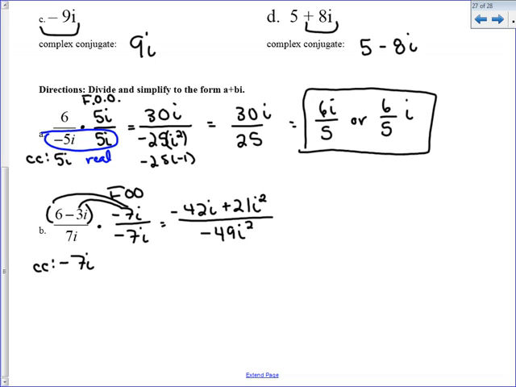Go through, find all of your i squareds, and replace them with negative 1. So this is 21 times the negative 1. This is negative 49 times negative 1. So I have negative 42i minus 21 all over positive 49.